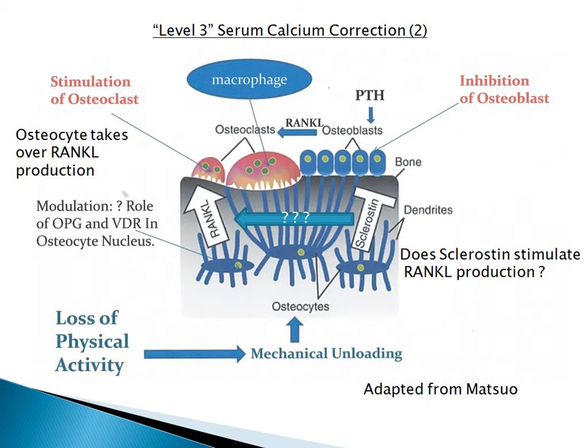So with chronic loss of physical activity, leading to almost a state of paralysis, you'll see a drop in the parathyroid hormone level with a normal calcium. So it's important to evaluate your patients, to try to analyze what is the physiology that's going on.